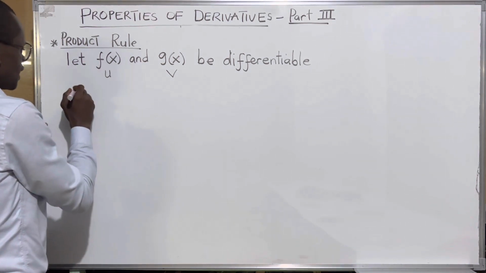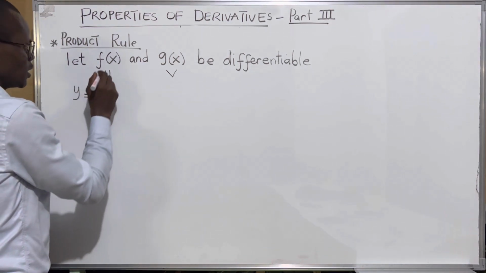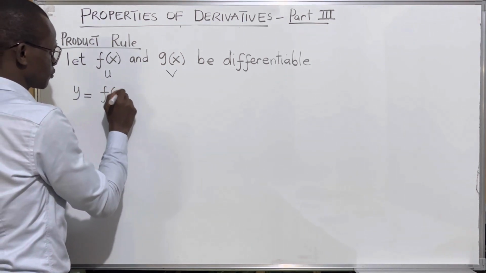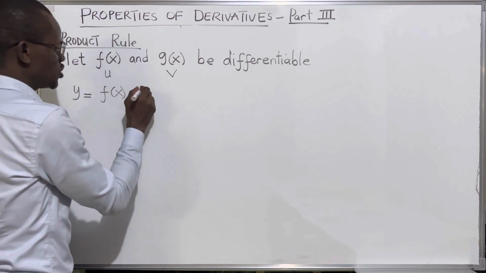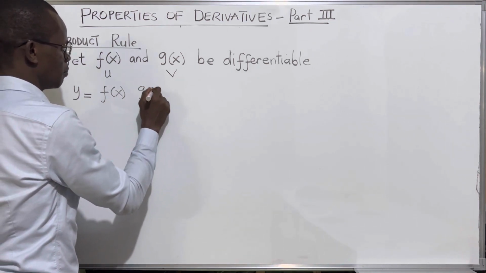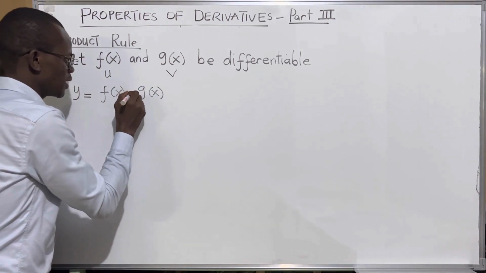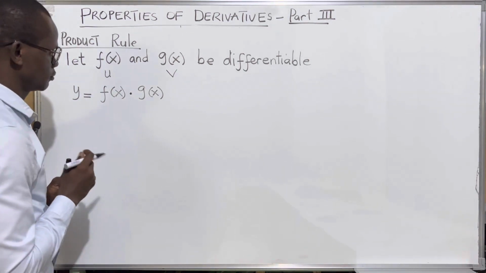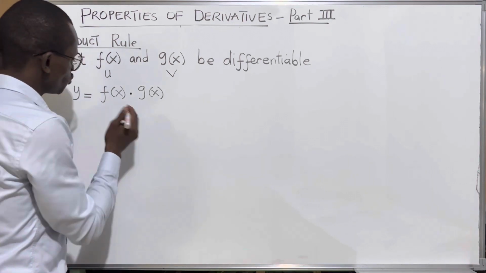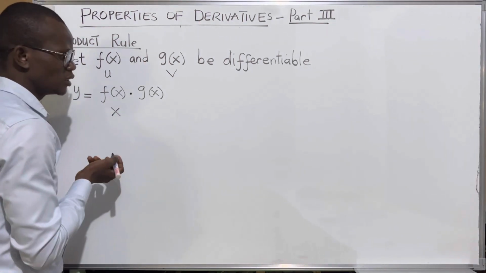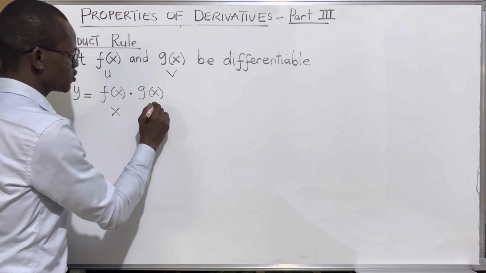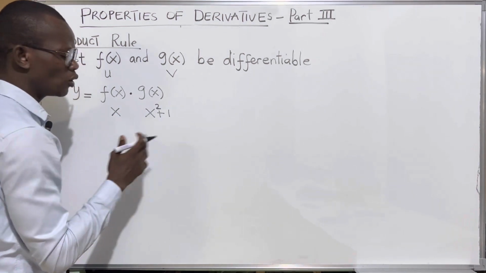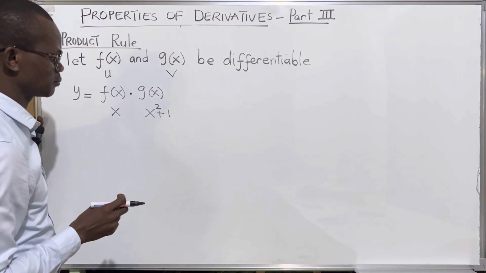So now if we have y to be a function involving f of x and g of x, like a product, one function multiplied by another function. This f of x could be a linear function, or a quadratic function, in two terms or in one term or in three terms, in whatsoever form.